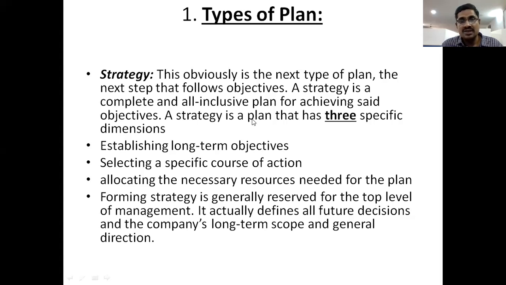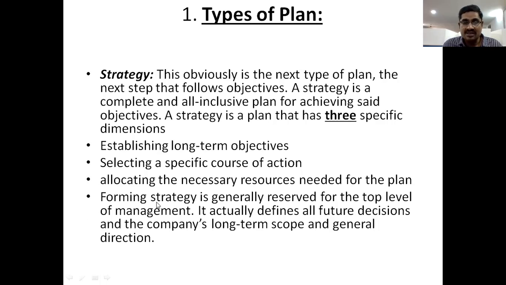A strategy has three specific dimensions: establishing long-term objectives, selecting a specific course of action, a future course of action to achieve our targets, and allocating the necessary resources needed for the plan. And lastly, forming a strategy and implementing it for achieving the targets of the company.